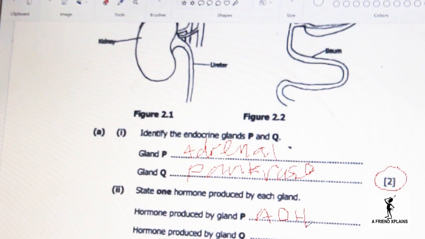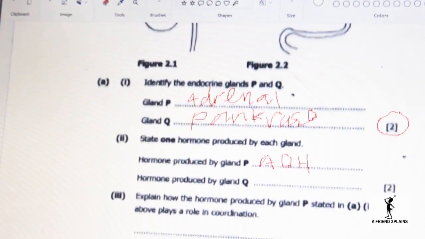Then the hormone produced by gland Q. Let me scroll a little bit so that you can see more clearly.